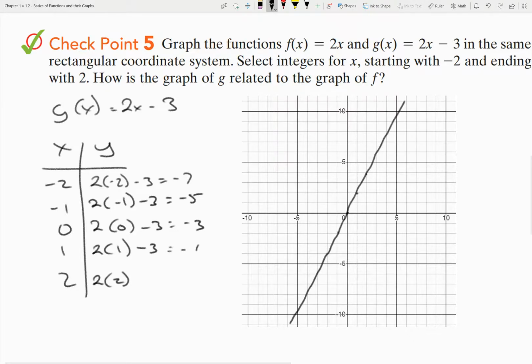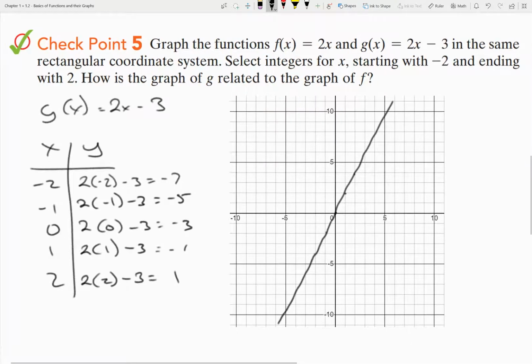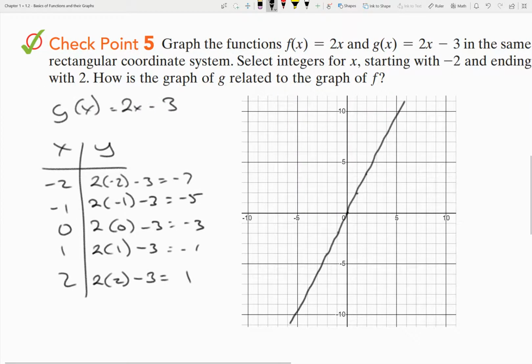And then 2 times 2 minus 3 is +1. So now I have my coordinates: -2, -7, -1, -5, 0, -3, 1, -1, 2, +1, and I get a similar set of linear functions that I didn't draw perfectly, but you get the idea.